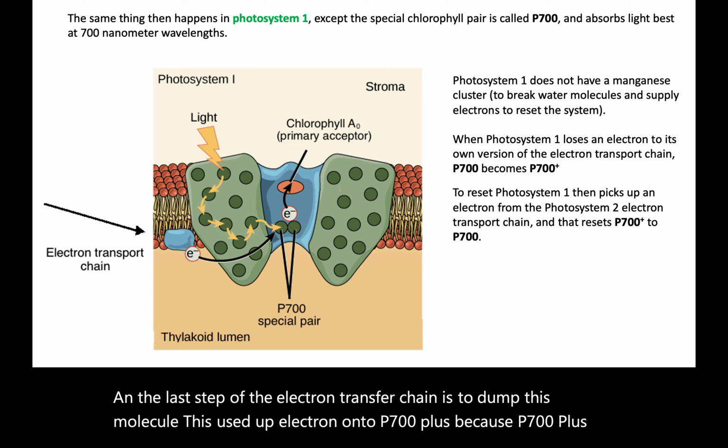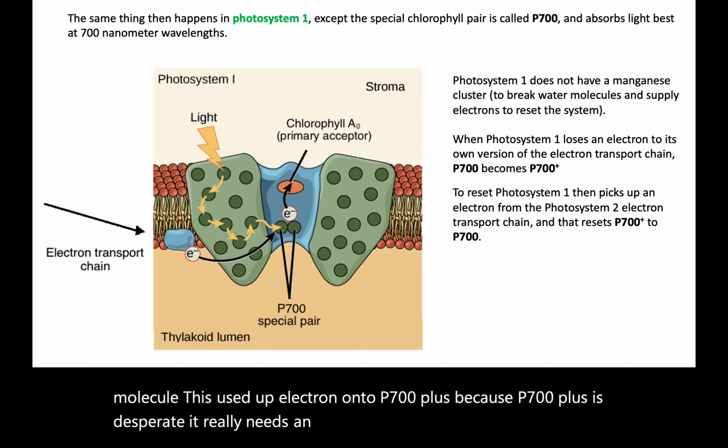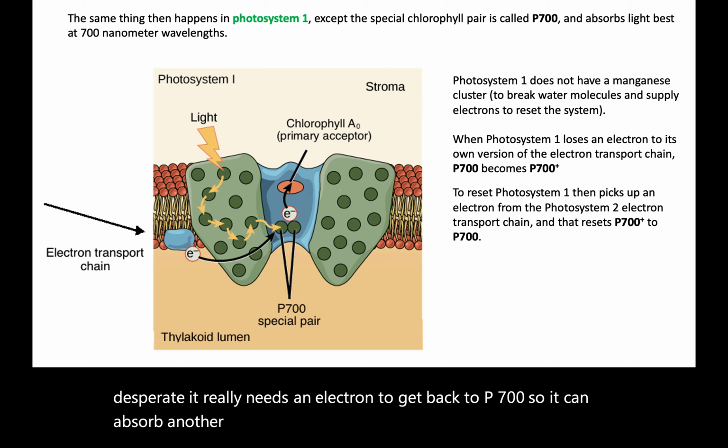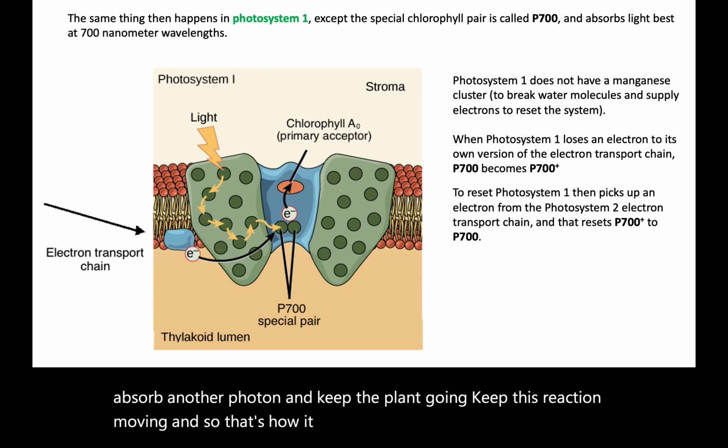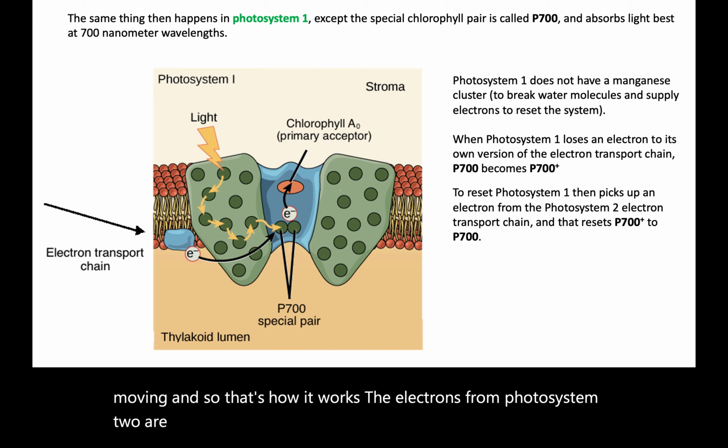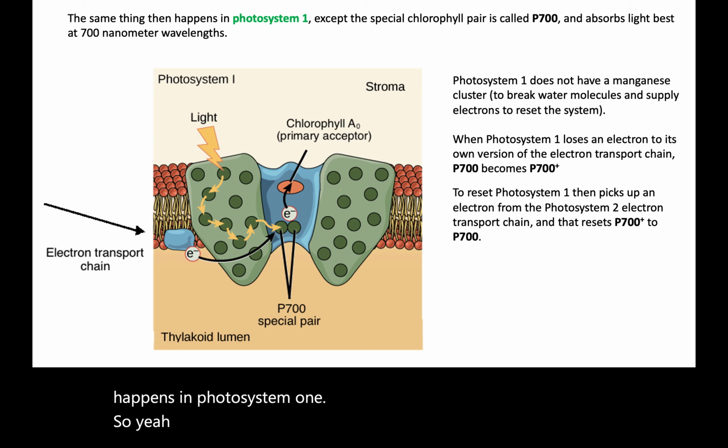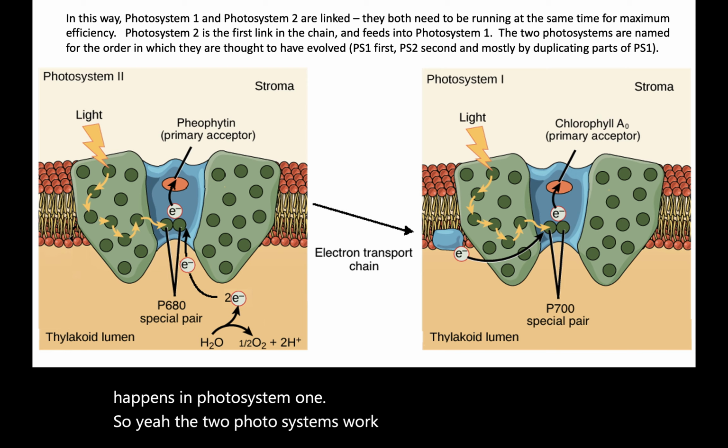It really needs an electron to get back to P700 so it can absorb another photon and keep the plant going, keep this reaction moving. And so that's how it works. The electrons from photosystem 2 are fed into photosystem 1, and then the same process happens in photosystem 1. So yeah, the 2 photosystems work together, just like this.